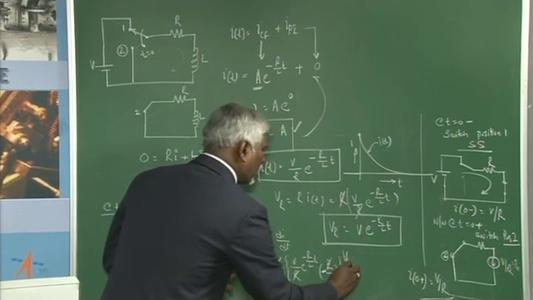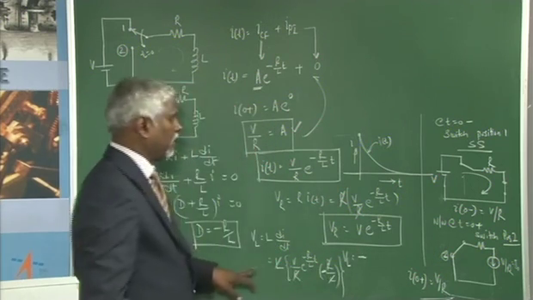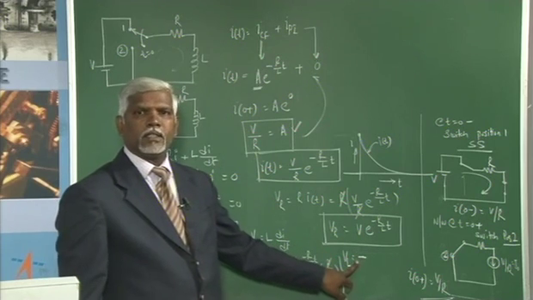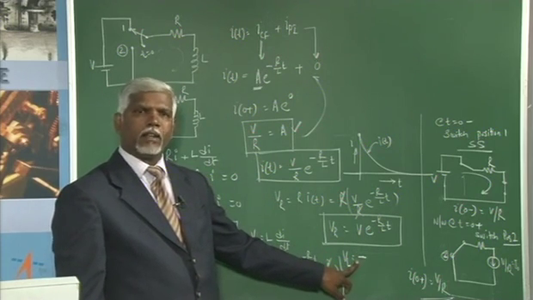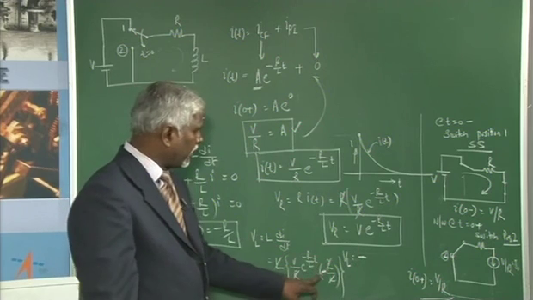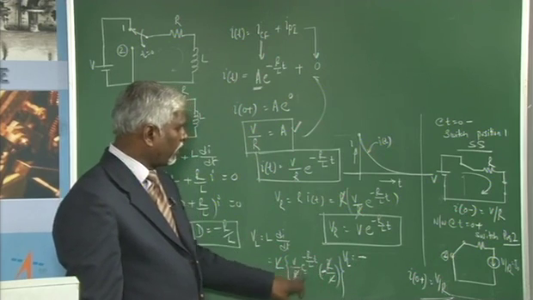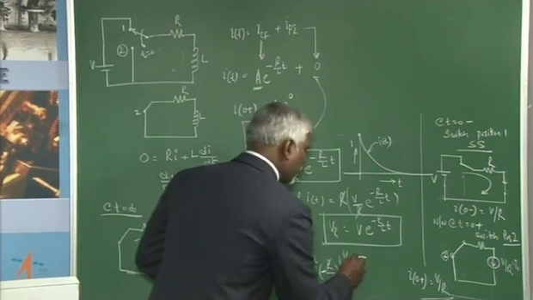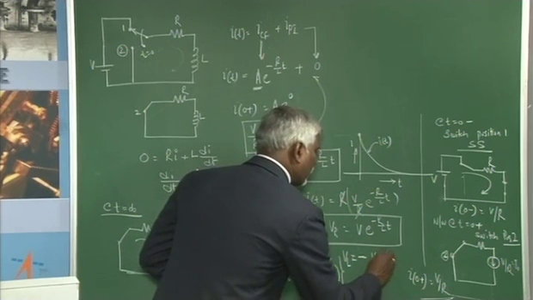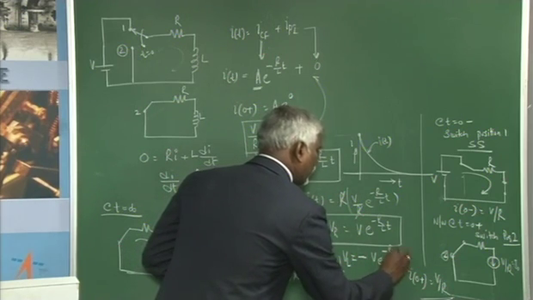So, voltage across the inductor will be minus. Be very careful with this sign. If you take it plus, it becomes wrong. It is minus V e to the power of minus R by L into t.